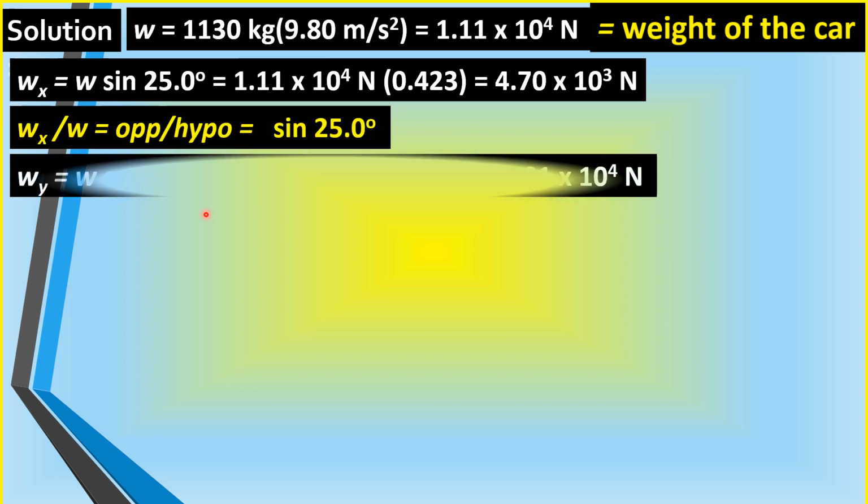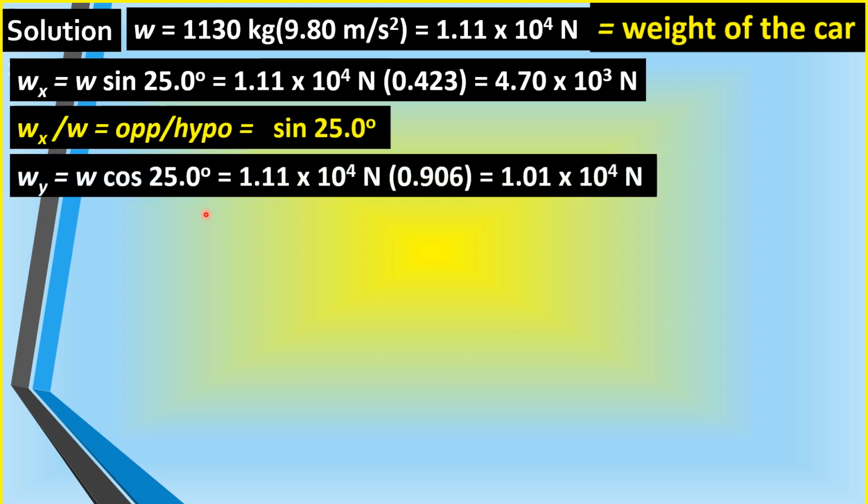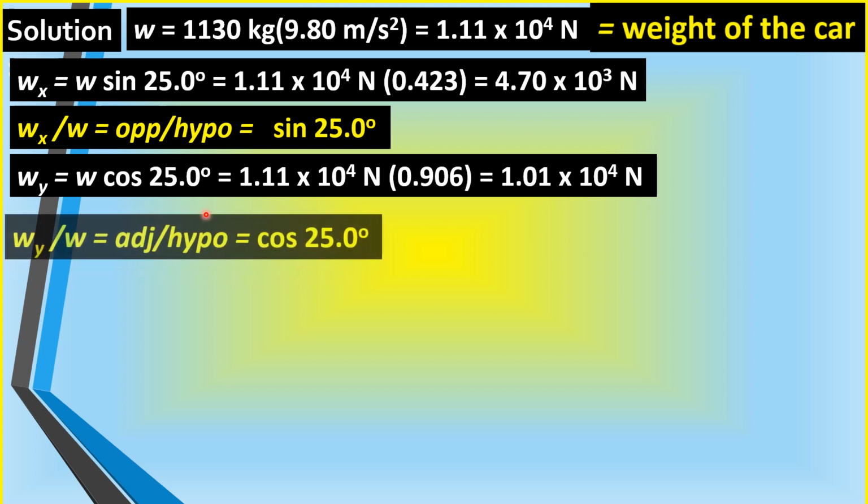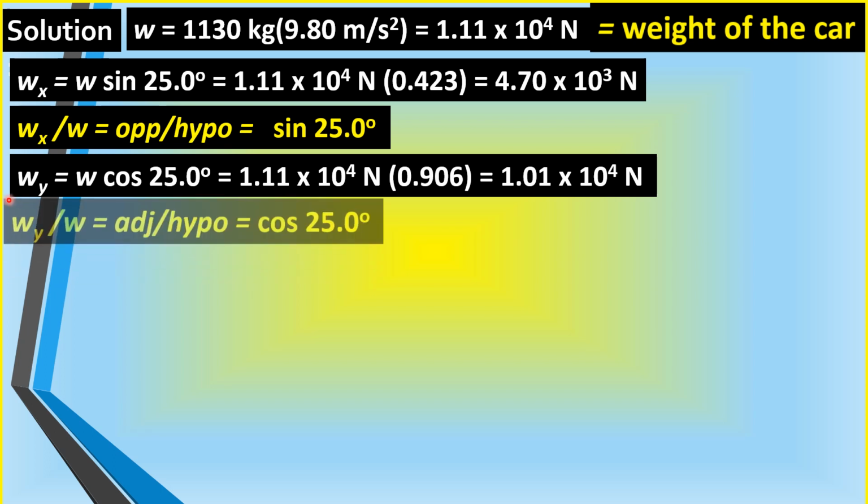Likewise, for determining the y component Wy, we might say that since it is usually associated with the opposite side of the angle, it should have been W multiplied by sine of the angle.